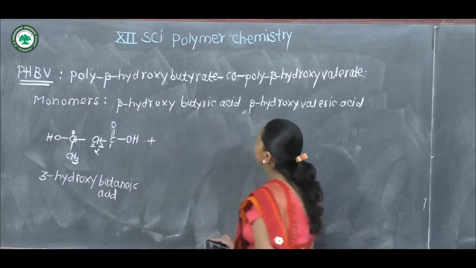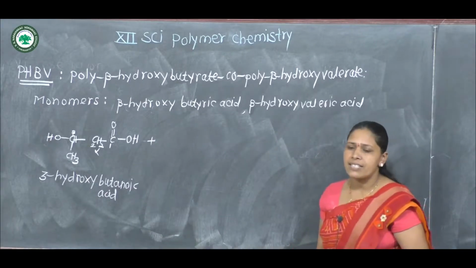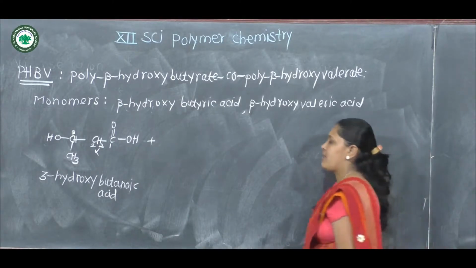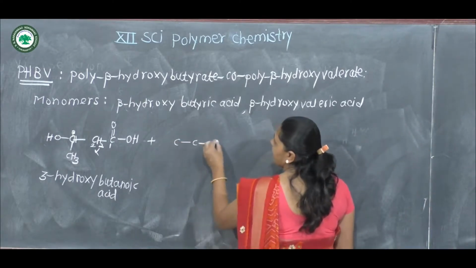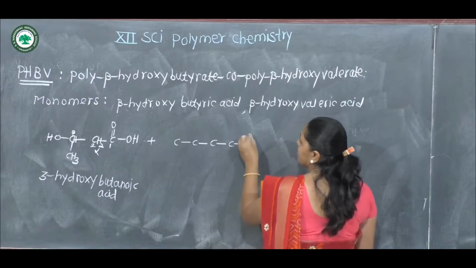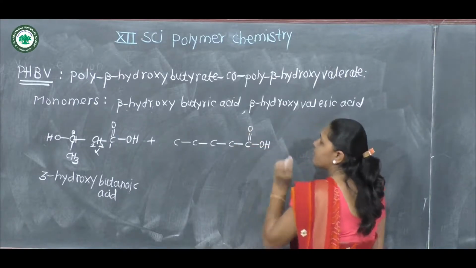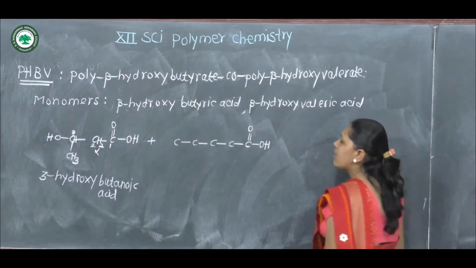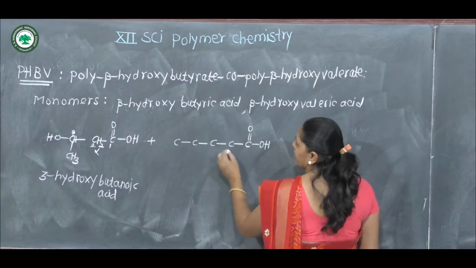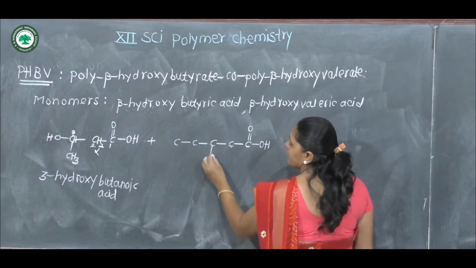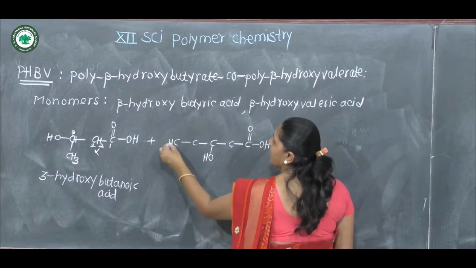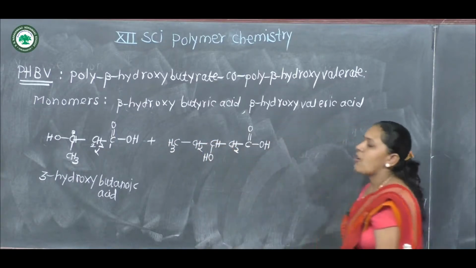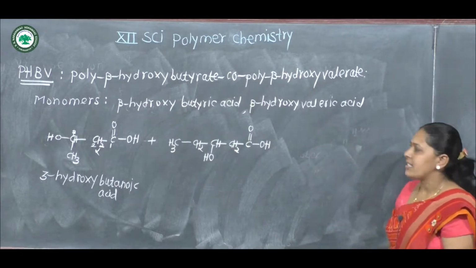The second monomer is beta hydroxyvaleric acid. Its IUPAC name is 3-hydroxypentanoic acid. Pentanoic means there are 5 carbon atoms. Acid means it consists of the COOH functional group. At the beta position there is again an OH group: alpha carbon, beta carbon, OH group, and the remaining are hydrogens. This is the structure of beta hydroxyvaleric acid.